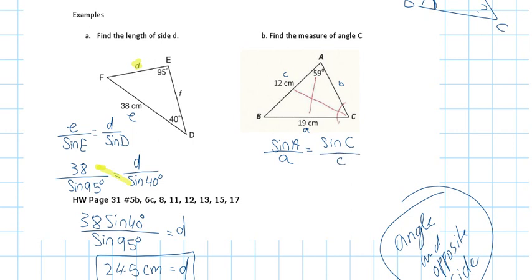Okay, let's fill out the formula. What's angle A? 59. Over what's side A? 19, equal to, I don't know what angle C is, over 12.